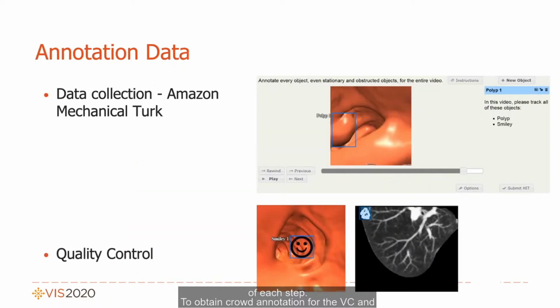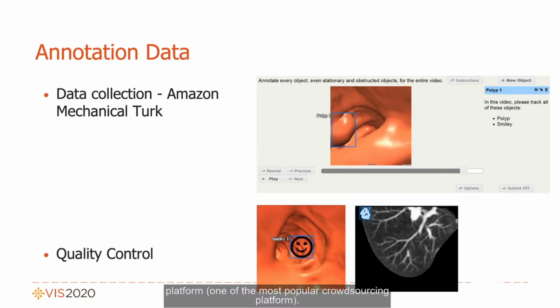To obtain crowd annotations for VC and lung CT videos, we use a web interface for both datasets on the Amazon Mechanical Turk platform, which is one of the most popular crowdsourcing platforms. Workers are provided with brief instructions including some example target objects, polyps for VC videos and lung nodules for the lung videos. The workers can play, pause, and rewind the video at will. Additionally, they can step to the previous or next frame.